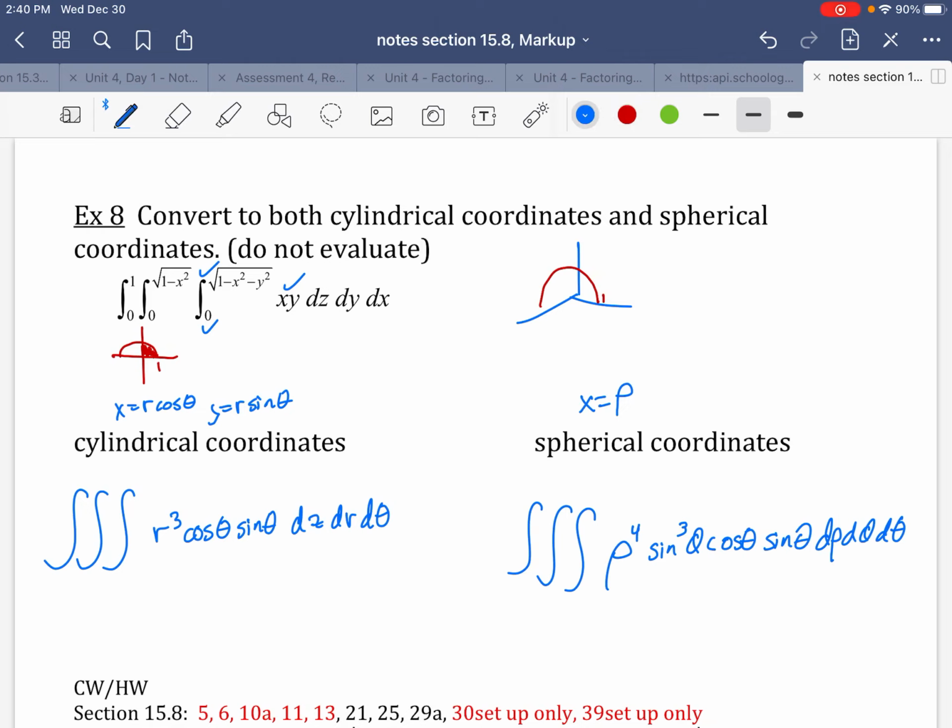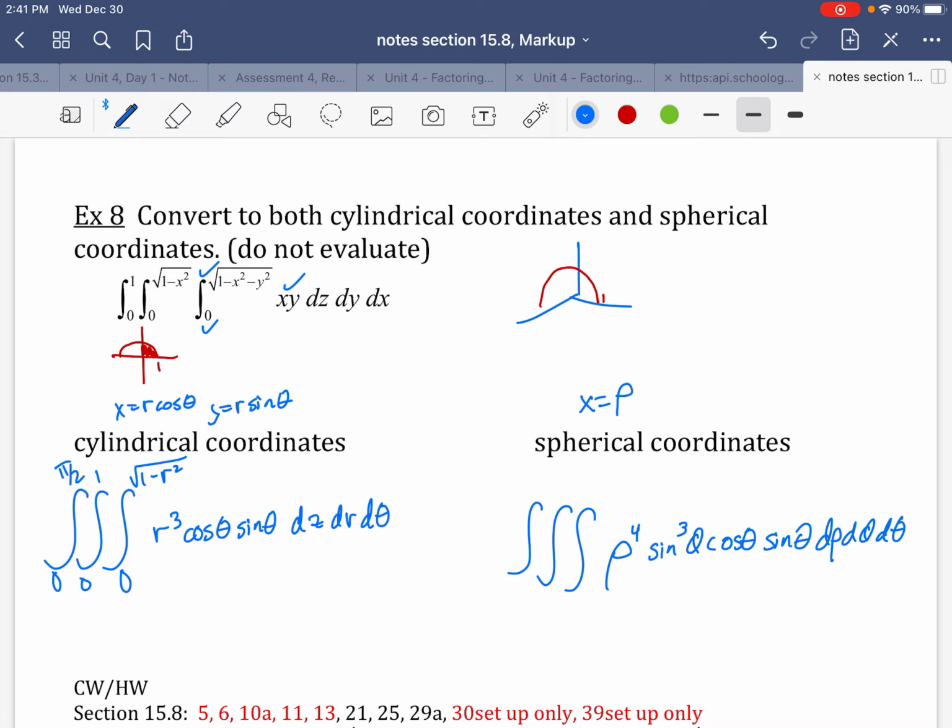So for my cylindrical coordinates, I would change this one to be 0 to the square root of 1 minus r squared, because x squared plus y squared equals r squared. My r goes between 0 and 1, and my theta is 0 to pi over 2, first quadrant, first octant.